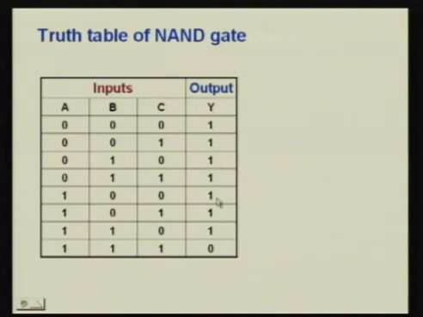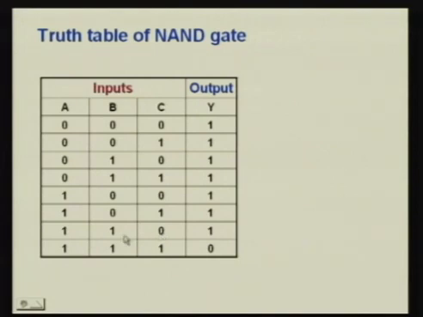Again, can you make a generalized statement for this NAND gate? We see that for the first 7 rows we are getting 1. So what is the condition to get 1? We can get 1 if any of the inputs is 0.